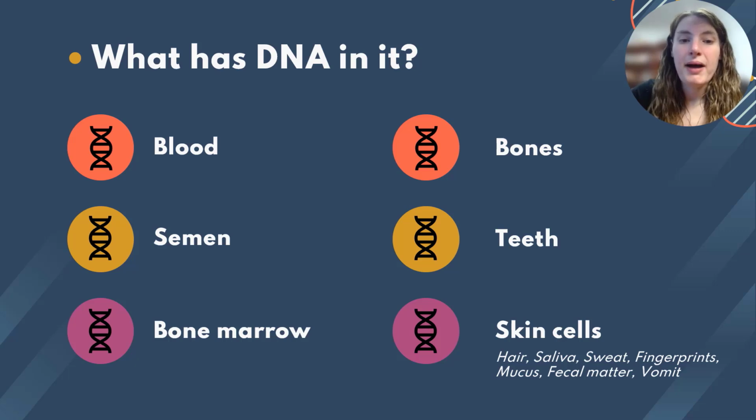Now, many of the other biological substances that analysts collect do not contain DNA themselves, but they may contain skin cells that provide nuclear DNA for analysis. For example, hair that's cut off of someone's head is not useful for nuclear DNA analysis because nDNA is located in the root of the hair.